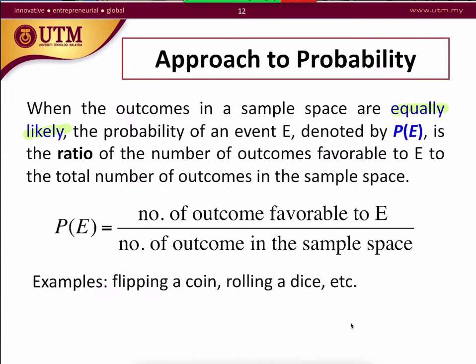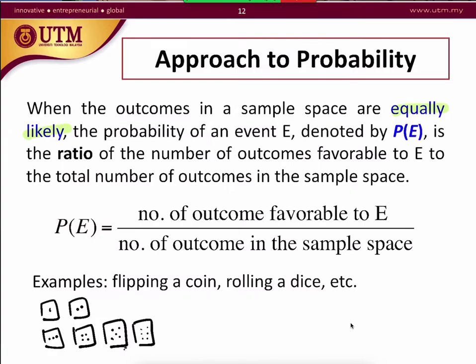Just now, when we had our dice, there is an equal possibility that we might get 1, 2, 3, 4, 5 and 6.